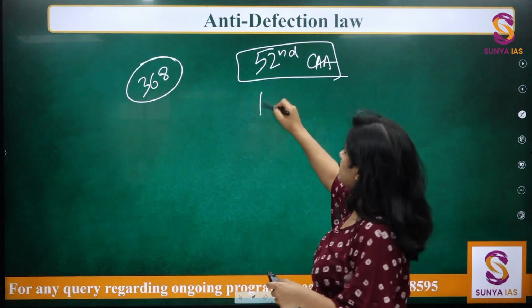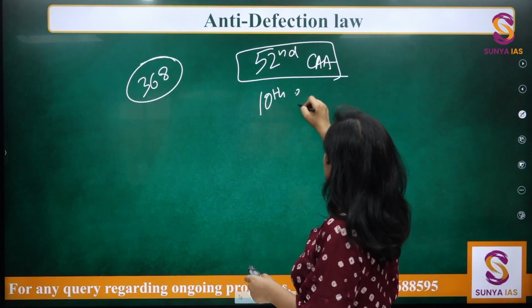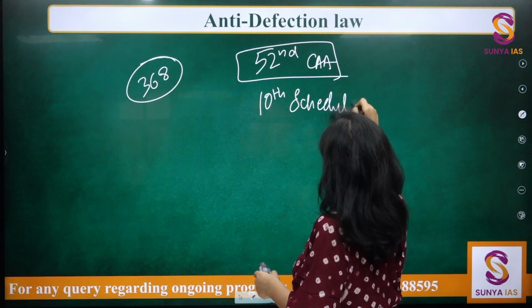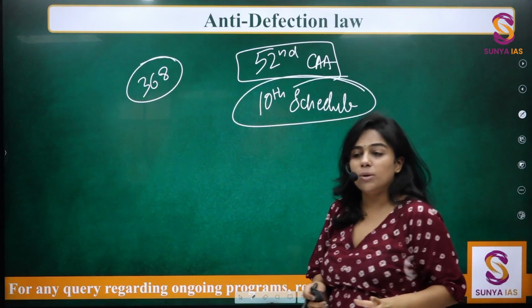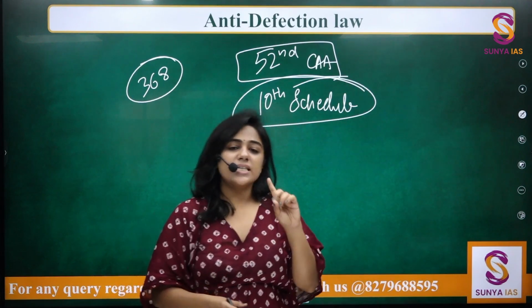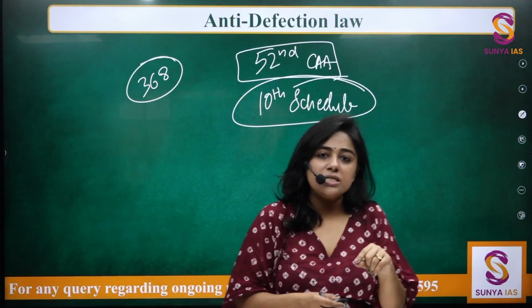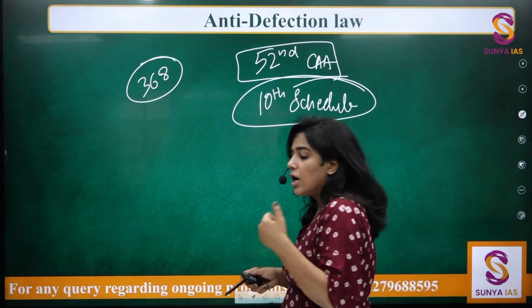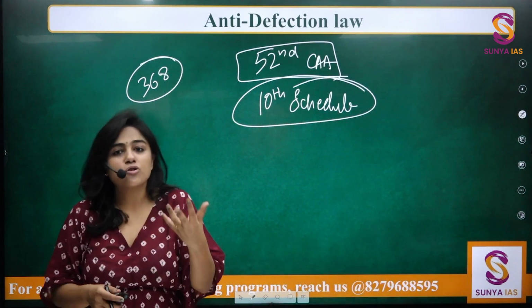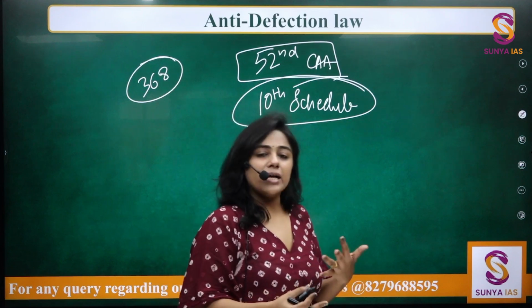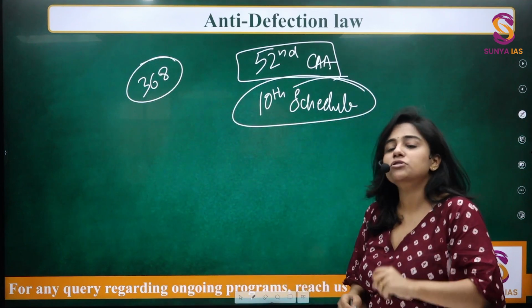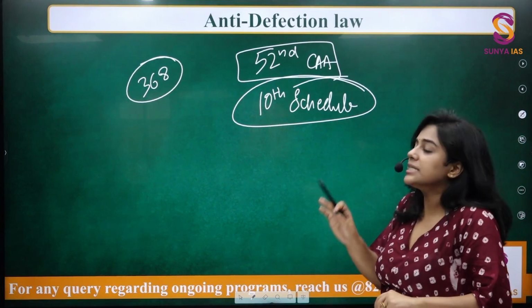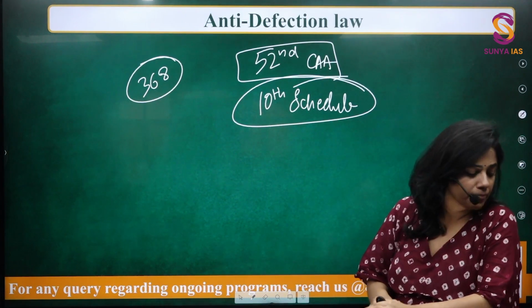Because the 10th schedule was added in the Indian Constitution as a part of the 52nd Constitutional Amendment, and this 10th schedule explicitly gave conditions on who can defect, why can you defect, why you cannot defect, and so on and so forth, right? We will discuss all those details. But a constitutional amendment was made. That is how serious this problem got.